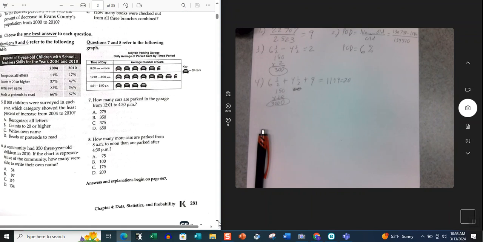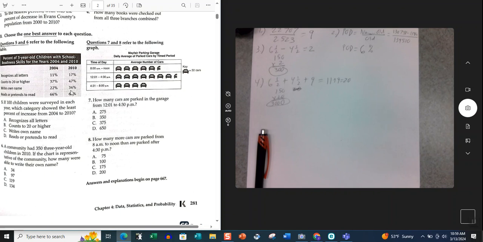Now for problems 5 through 8, it says here, choose the one best answer to each question. Question 5 and 6 refer to the following table. Now it says, if 100 children were surveyed in each year, which category showed the least percent of increase from 2004 to 2010?